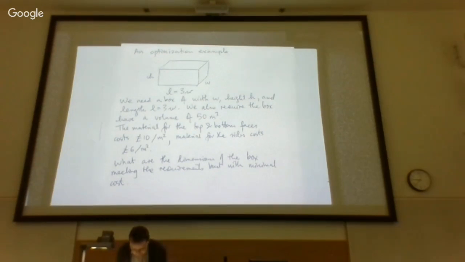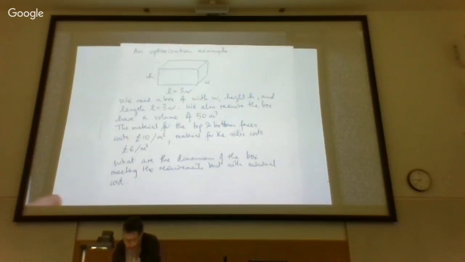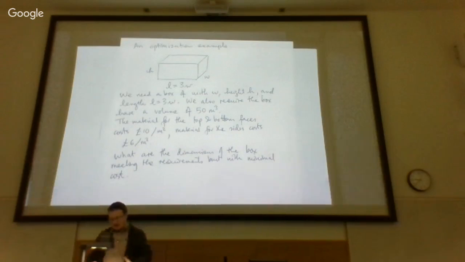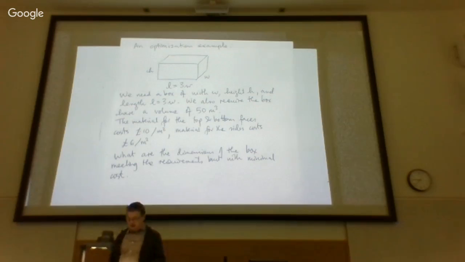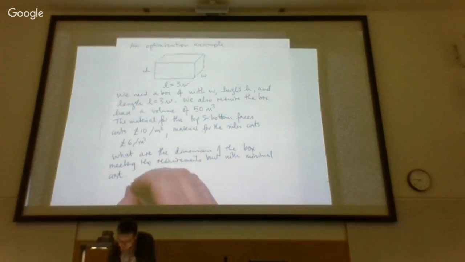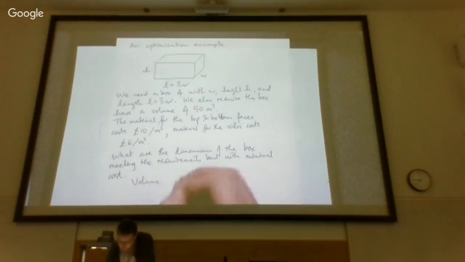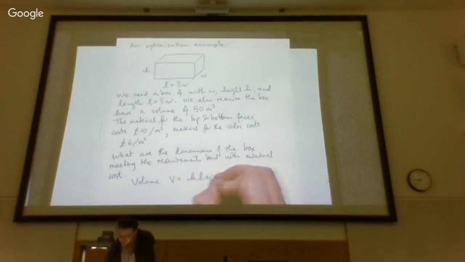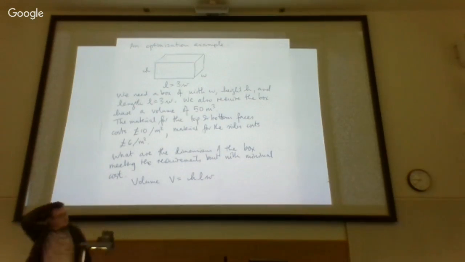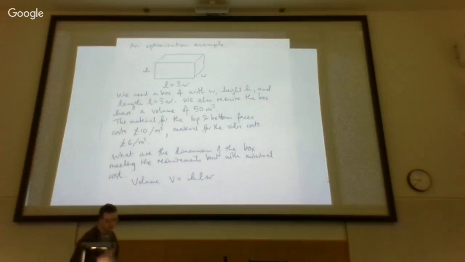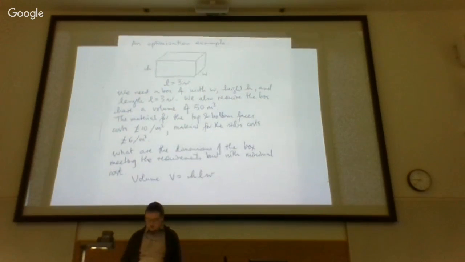Now, we need to start thinking about how we can represent these quantities using various variables. Well, clearly the volume V of such a box is simply H times L times W, the volume of a cuboid box like this.